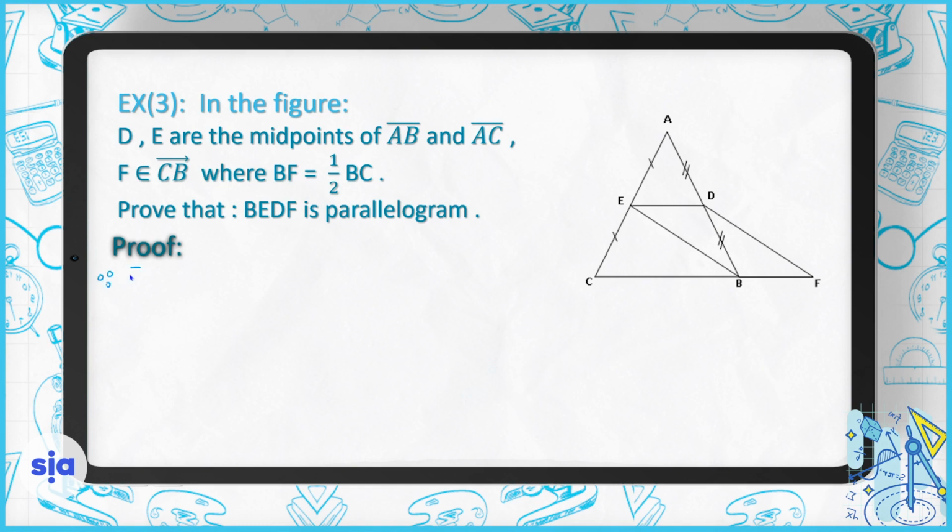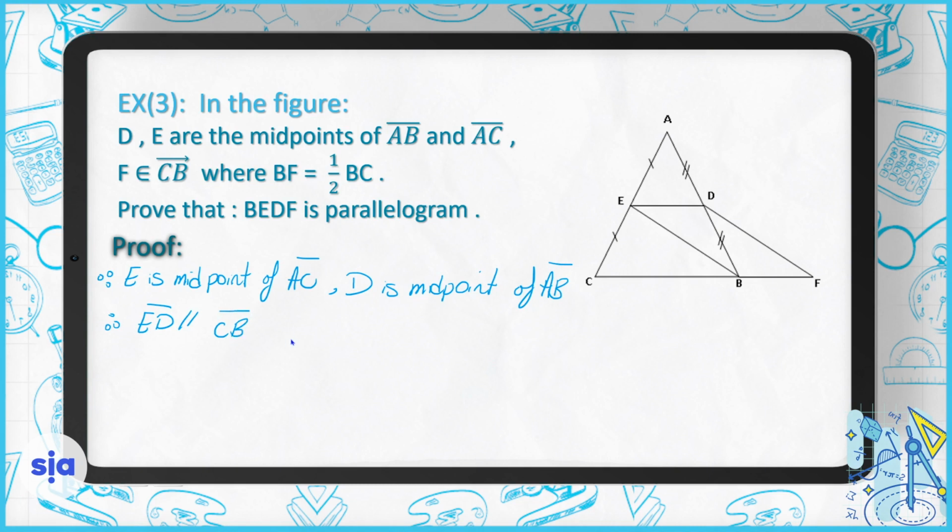Since E is the midpoint of AC and D is the midpoint of AB, therefore ED is parallel to CB, and also ED is half the length of CB.